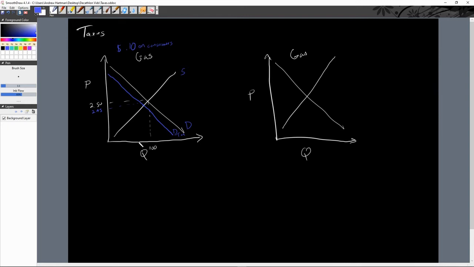The first thing is that the government is taxing this consumption, this market, and so since our equilibrium is at $2.45, the actual price is going to be $2.55. That is going to be the new actual equilibrium price. And so what's happening here is producers are getting that $2.45, and the consumers are buying it at $2.55. Okay, so that's the first part of this.